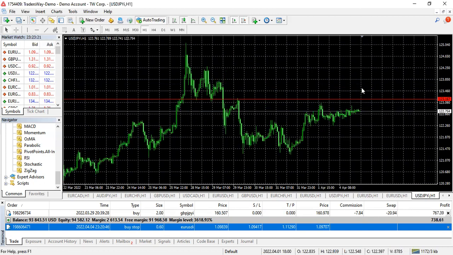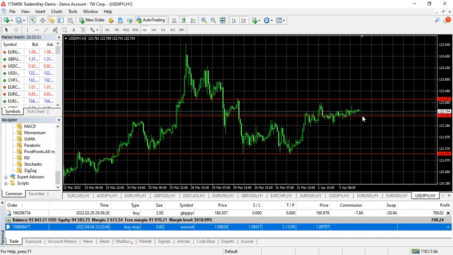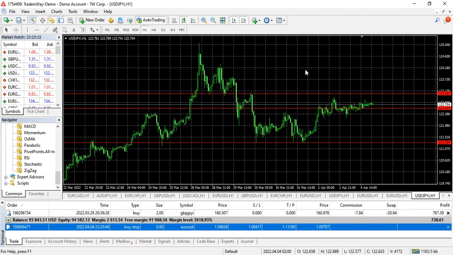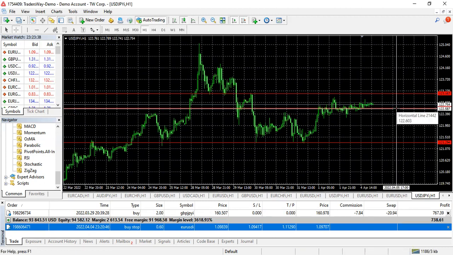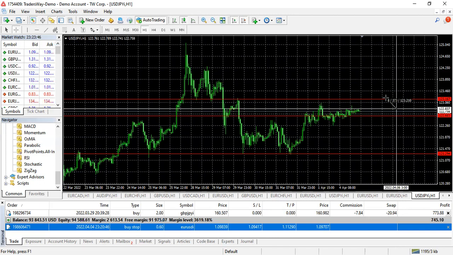So I want to set my stop loss above my take profit here, and I want my entry point to be here. Let me use my PIP calculator to calculate. This gives me 57.5.